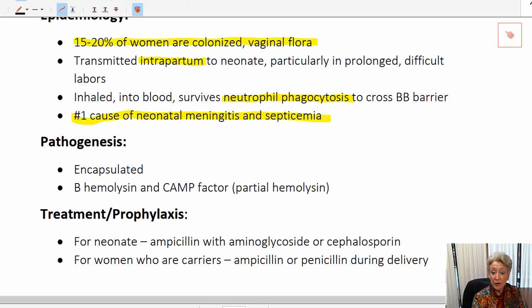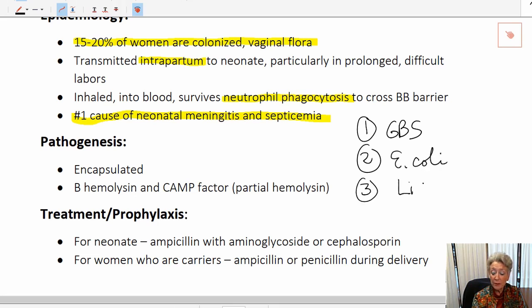And while we're on the topic, let's go #1, GBS, #2, E. coli, and #3, listeria. So notice as we go through these notes, when we talk about meningitis, one of the key criteria that you will use to distinguish which is the most likely causal agent is the age of the patient.